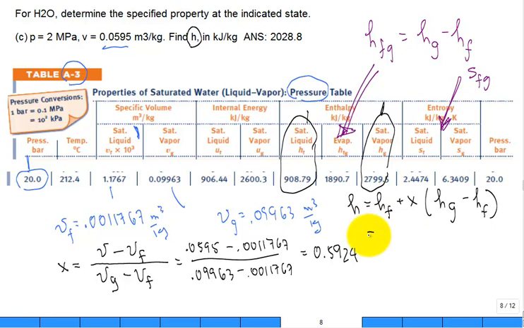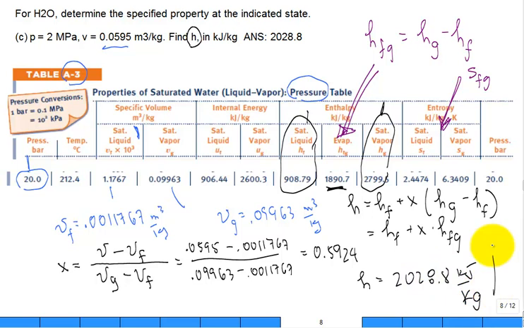But anyway, so you could write H of F plus the quality times HFG, this value right here in the middle of the table. Okay, so I'm running out of room. When you make that calculation, you find that the enthalpy is 2028.8 kilojoules per kilogram, and box it, and there you go. So using quality in the tables.